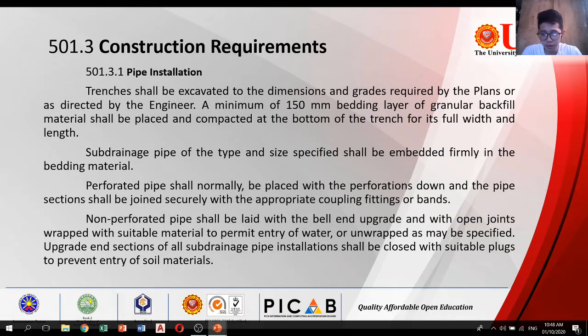After the pipe installation has been inspected and approved, granular backfill materials shall be placed to a height of 300 mm above the top of the pipe. Care shall be taken not to displace the pipe or the covering at the open joints.